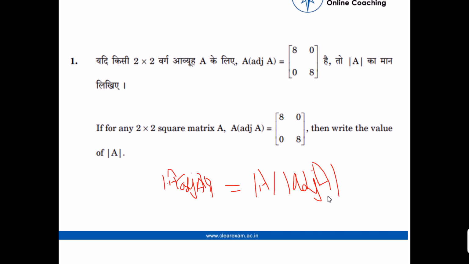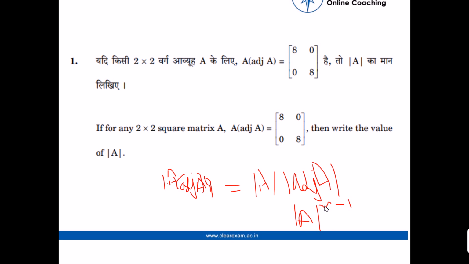As we know, magnitude of adjoint A is equal to magnitude A to the power n minus 1, where n is the order of the square matrix, which is equal to 2.